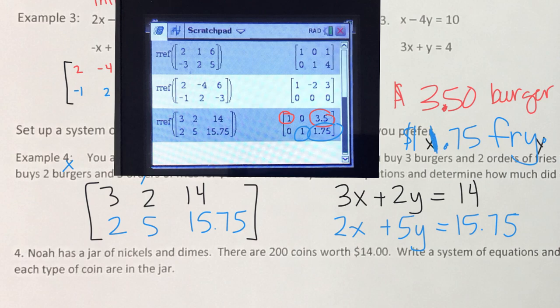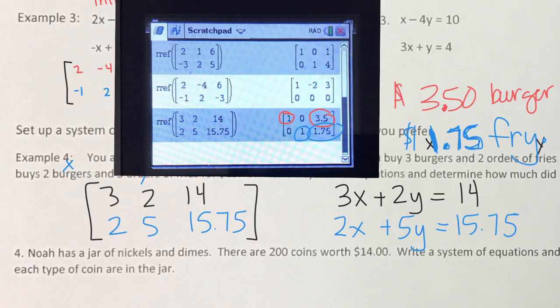So we go back and we interpret. We called x your burgers and we called y your fries. So not just x and y, but burgers and fries. So $3.50 for every burger and $1.75 for your fries.